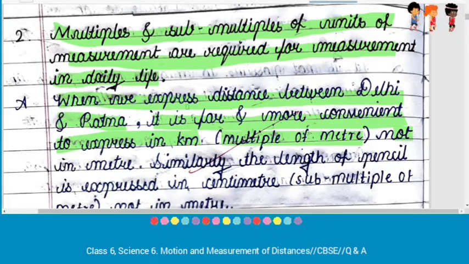So Delhi and Patna distance, we have to express in kilometer. Similarly, the length of a pencil is expressed in centimeter, that is a submultiple of a meter, not in meter.